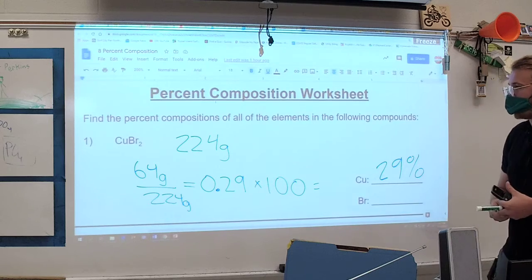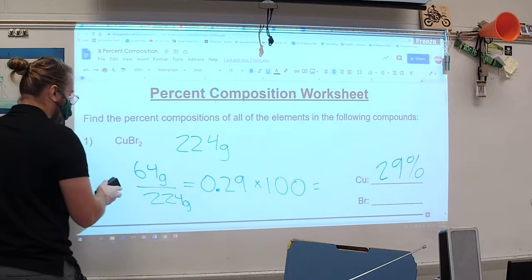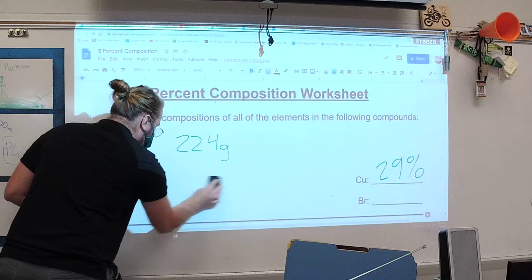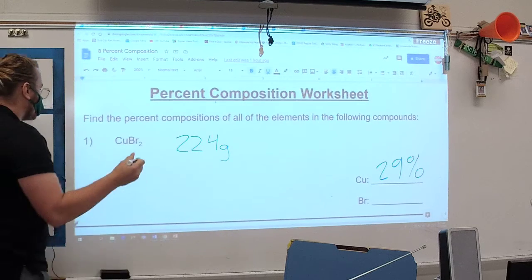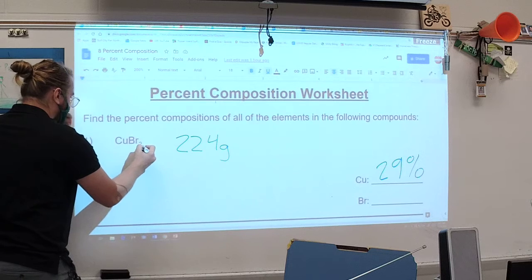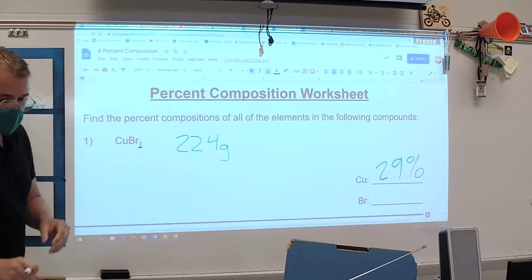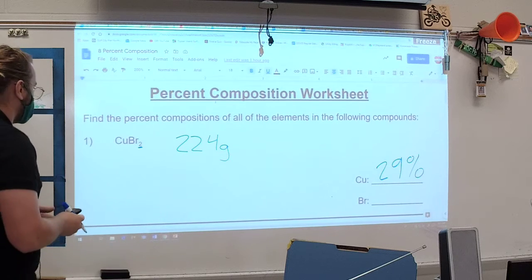Let's go ahead and figure out what it is for bromine. What's important to notice is that we have this number right here, which means 2 bromines. That means when we want to calculate the percentage, we have to make sure we have them both in there.